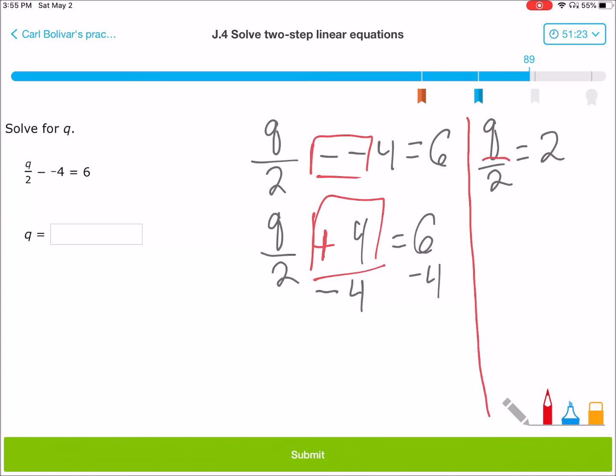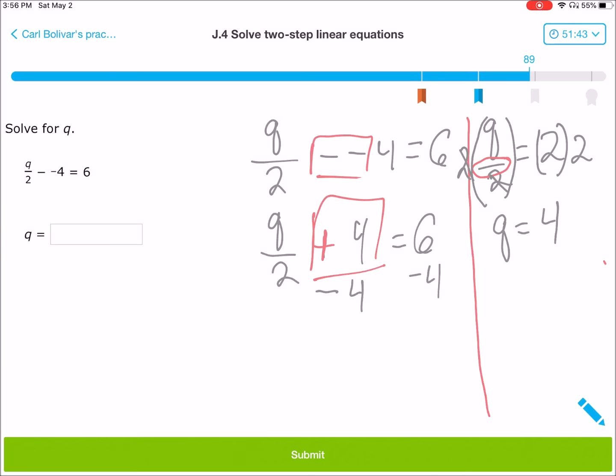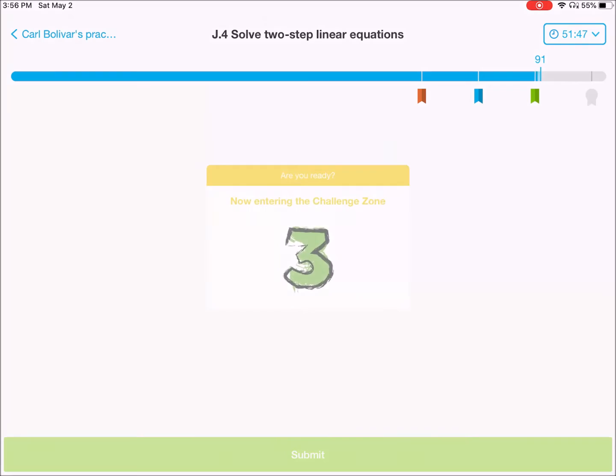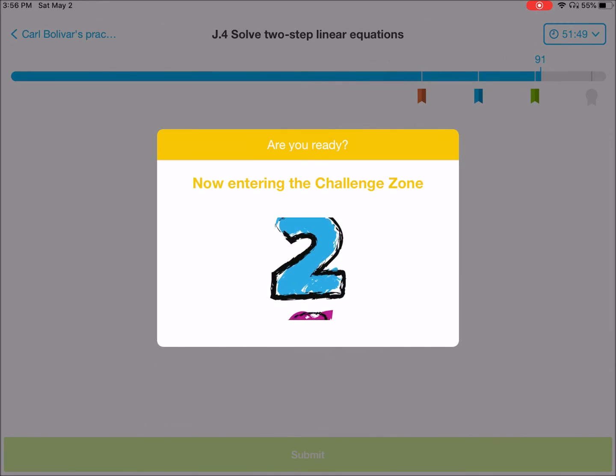Now, since we have this division sign here, what we have to do is multiply by 2. We have to multiply by 2, and this will give us q is equal to 2 times 2, and 2 times 2 is 4. So, our answer is 4. Amazing. Challenge zone.